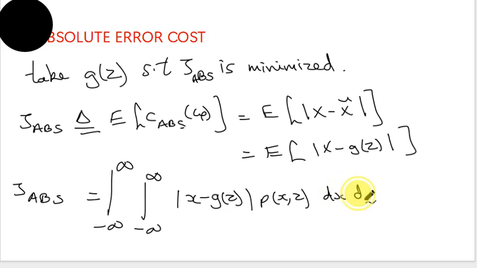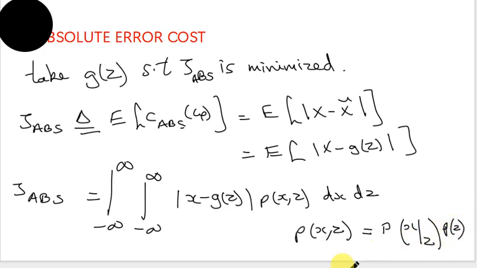dx into dz. Okay, so here my p of x comma z could be rewritten as p of x restricted to z into p of z. So our idea is to minimize this J_ABS.